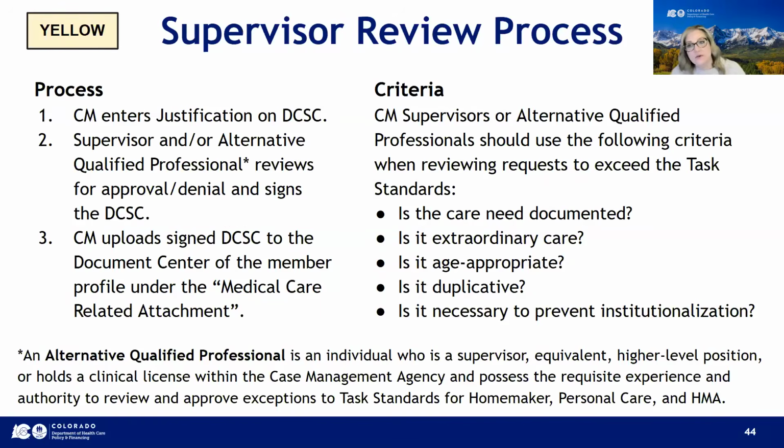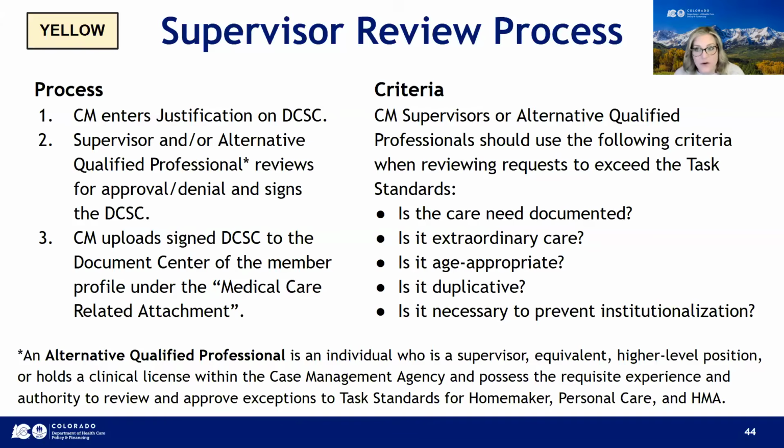Remember, you as an individual case manager cannot authorize above the task standard for a particular service. Your supervisor needs to complete a review and approval before you can finish your PAR. First, you as the case manager will enter your justification on the direct care service calculator for any task standards that have turned yellow.